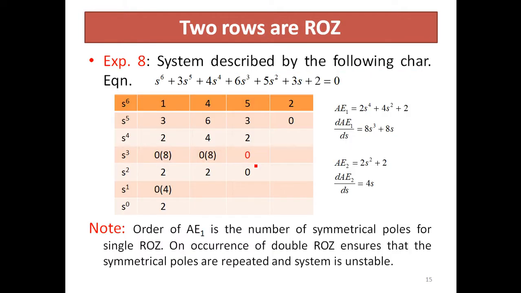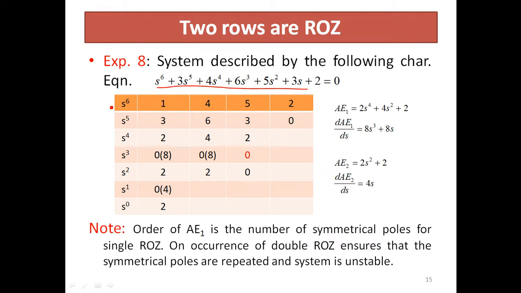Now another special condition in the Routh-Hurwitz array: if you are having two rows as ROZ. So this example is where we would be getting two rows as rows of zeros.